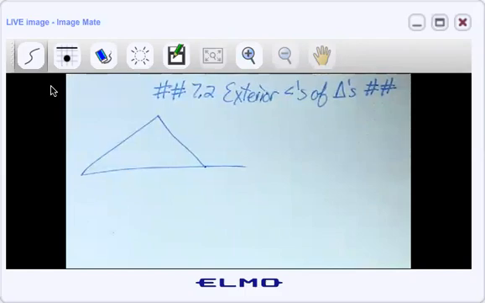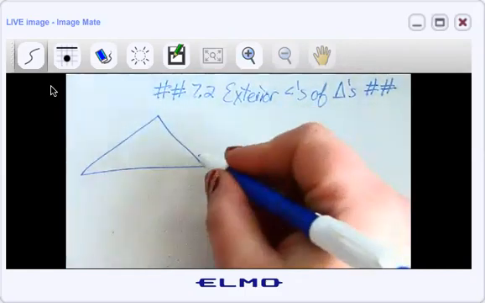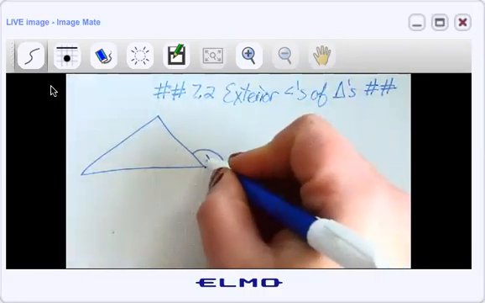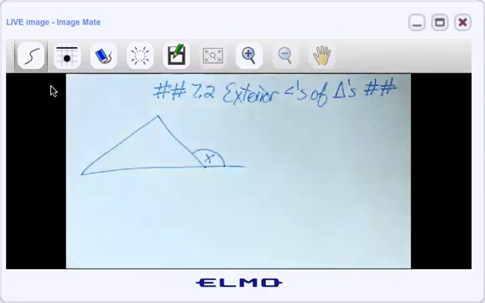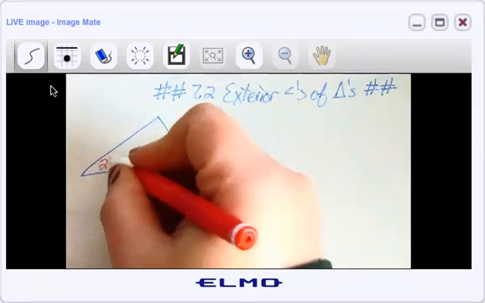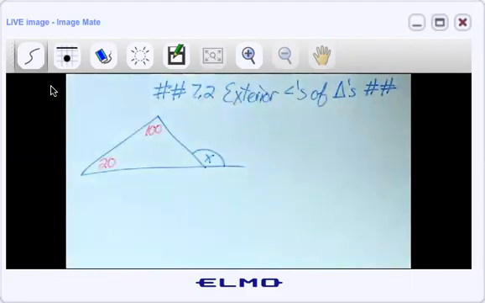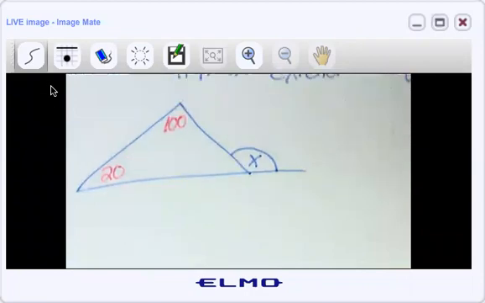This new angle that I created here is called an exterior angle. So if you just take one side of a triangle and draw it longer, that angle you've created there is an exterior angle. So I want you to see if you can figure out the measure of that angle if I give you this information. Let's say that this is 20 and this is 100. So take a minute and see if you can figure out what the measure of that missing angle would be.